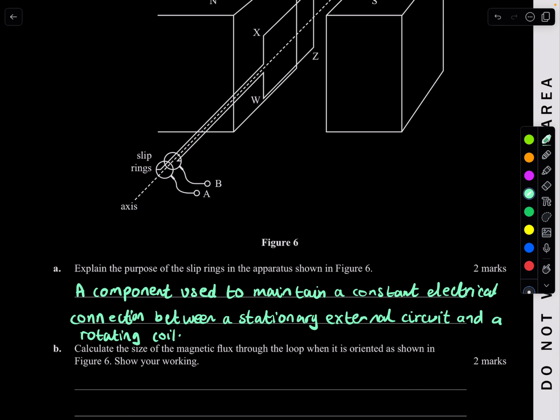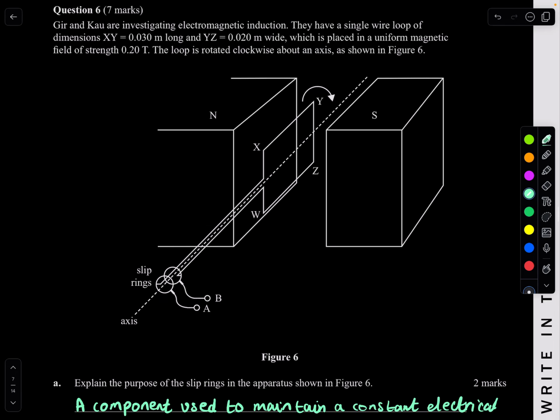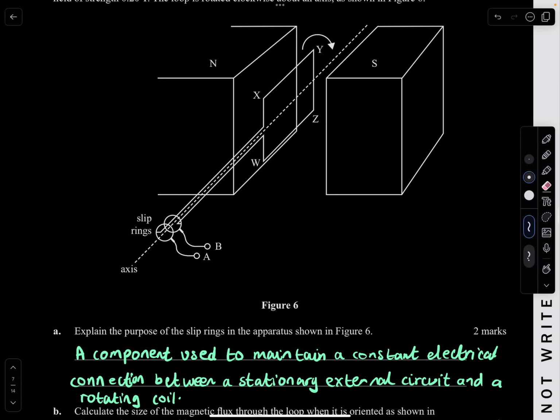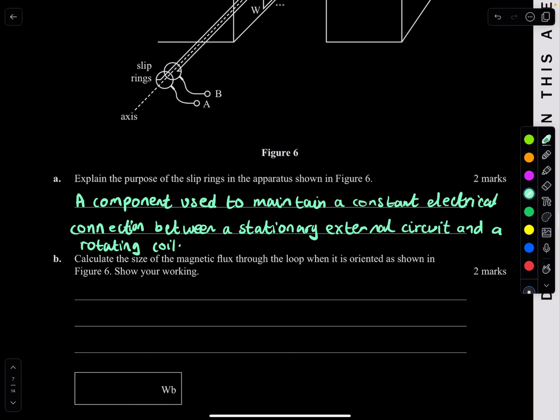That looks perfect. Yep, a component used to maintain a constant electrical connection between a stationary external circuit and a rotating coil. Nice. If you don't have it, make sure you write this definition in your summary sheet.